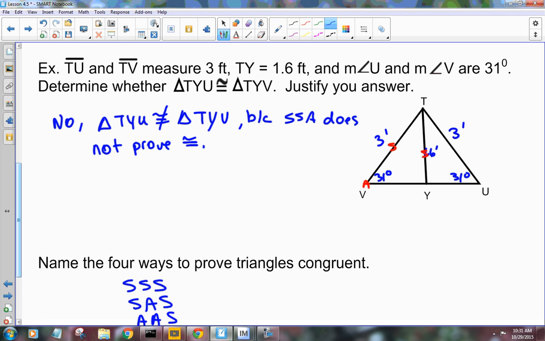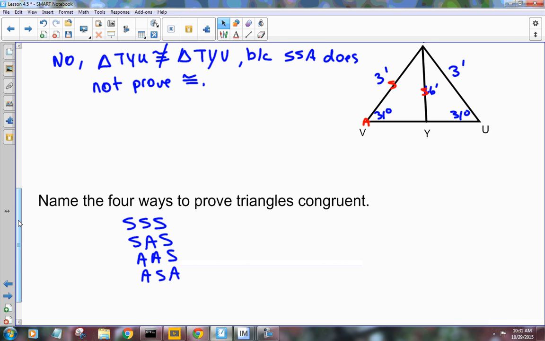The angle has to be sandwiched in between those two sides. All right, any questions? Yes, Brennan. Down here? Okay.